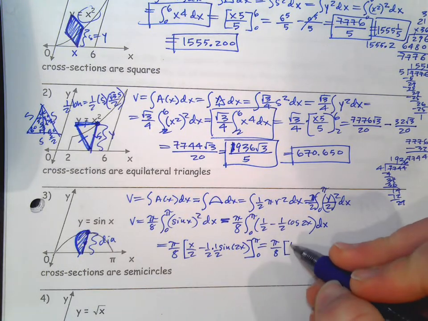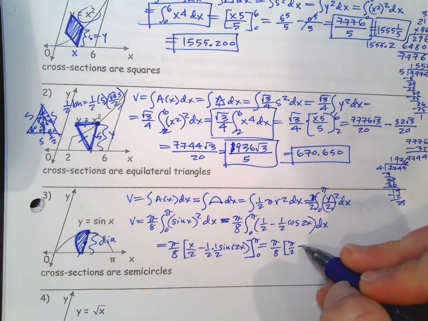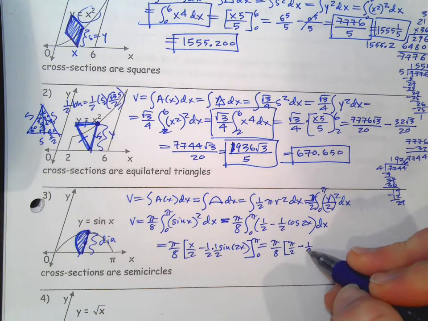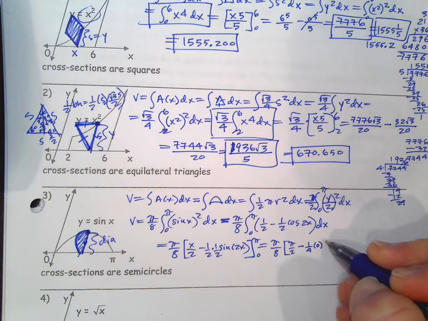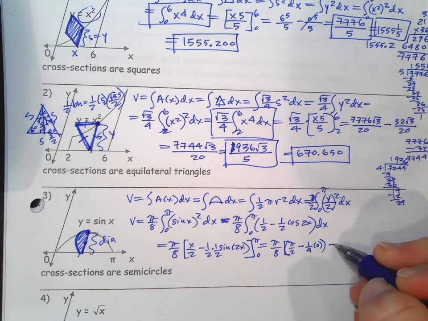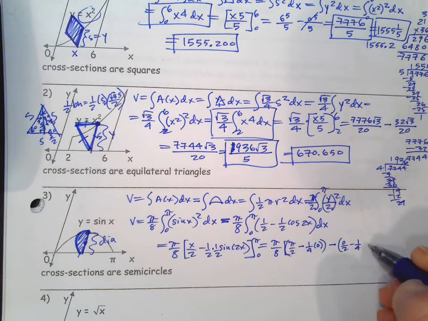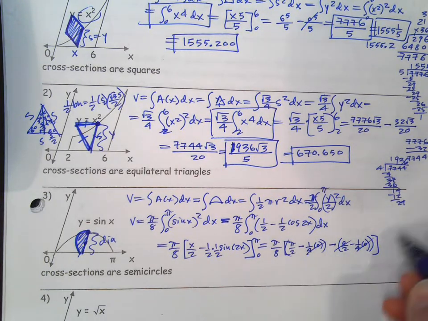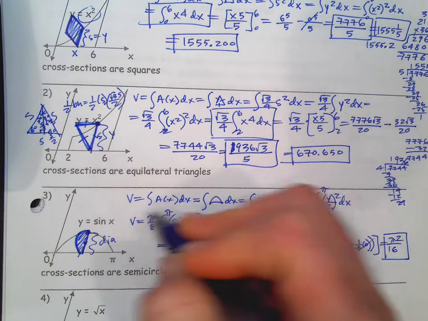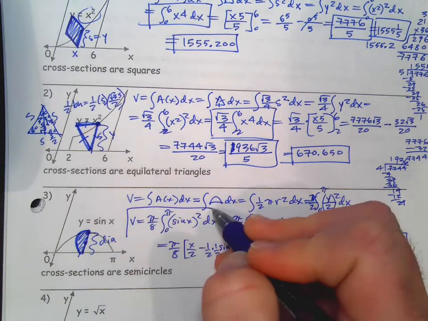So we're going to get pi over 2 minus 1/4 sine of 2 pi, which is 0. Then we plug 0 in, we're going to get 0 over 2 minus 1/4 sine of 0, which is 0. So those cancel out, and we get pi squared over 16.